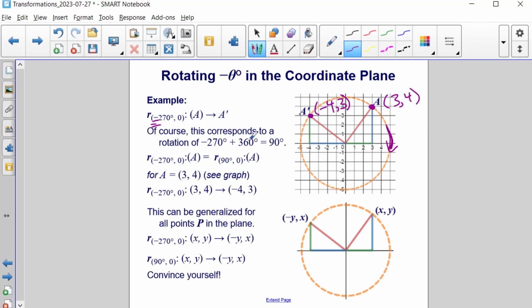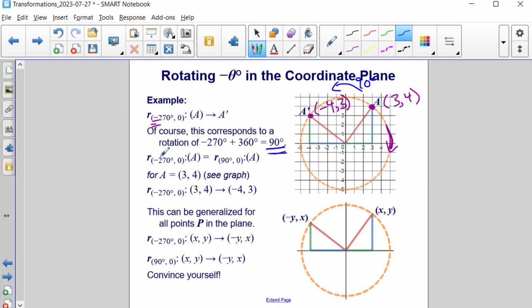As you may have noticed, this corresponds to a rotation of 90 degrees about the origin, meaning 90 degrees counterclockwise. If I go this way 90 degrees, I'm also going to get from A to A prime.